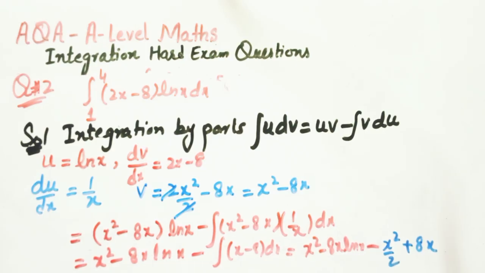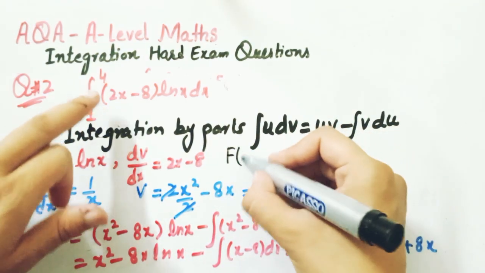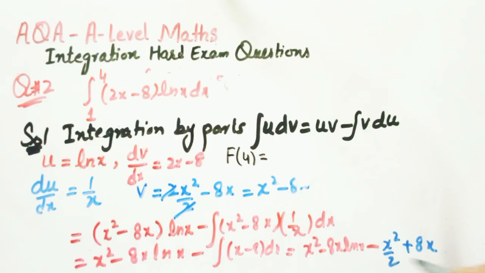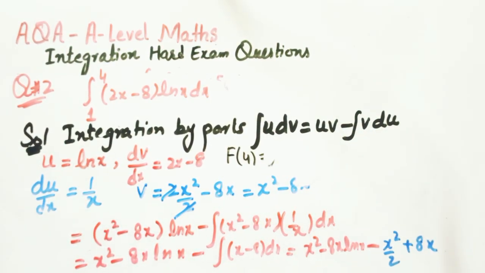First of all, we will find the value of f of 4. Let me rewrite the function here, then we will solve.